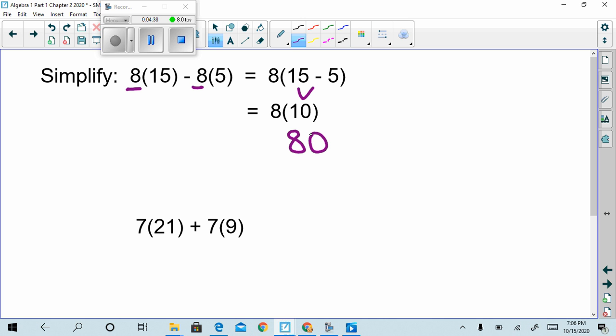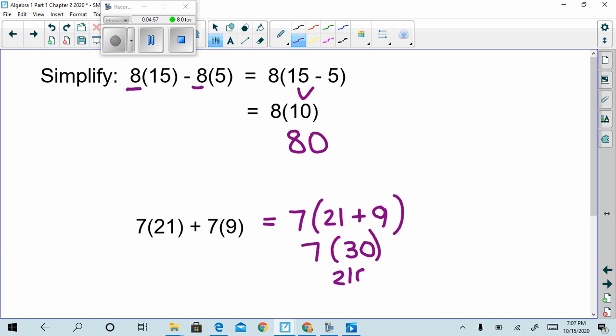Let's see that a second time. I have 7 times 21 plus the product of 7 times 9. So I can now look at this as 7 times 21 plus 9. Now the reason why I'm doing this is because I see a connection with these numbers that easily allows me to do the calculations.